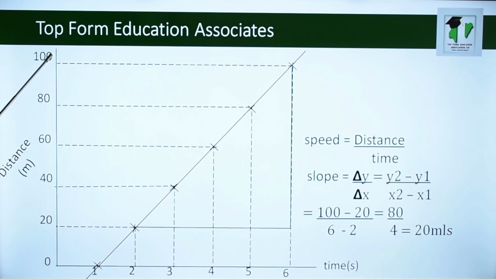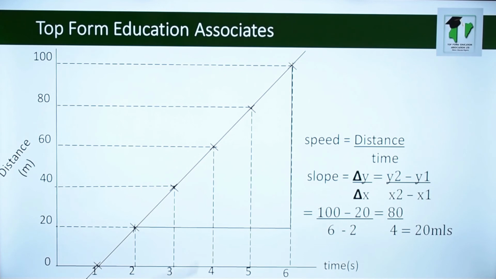We'll have these values for the distance: 100, 80, 60, 40, 20, 0. Now you have the time: 1, 2, 3, 4, 5, 6. That is what you have on the table there.